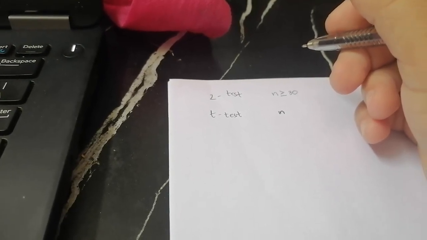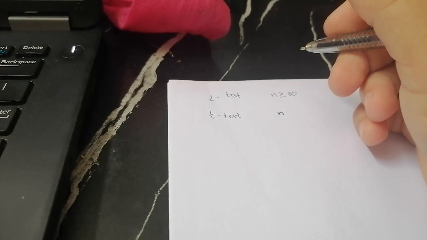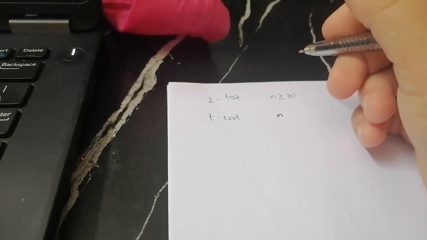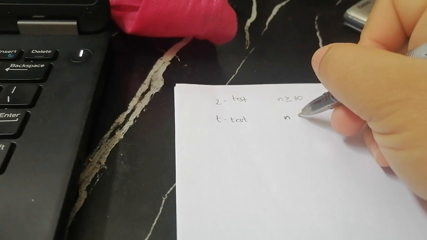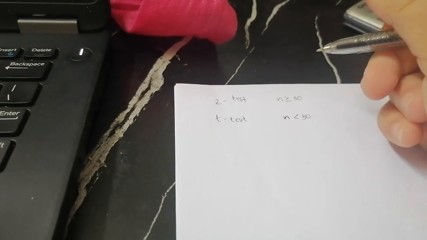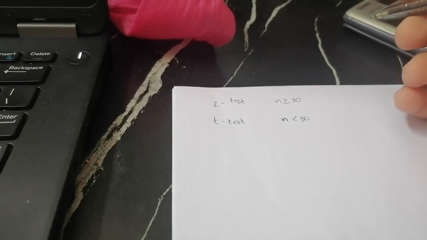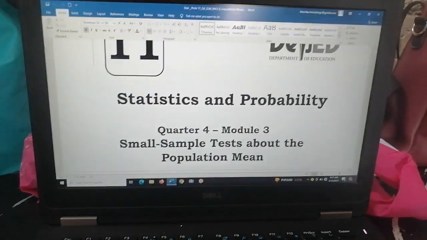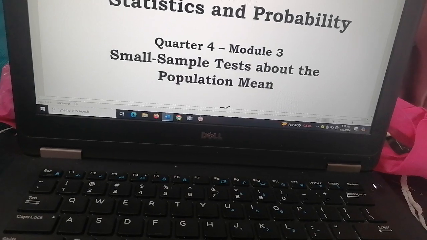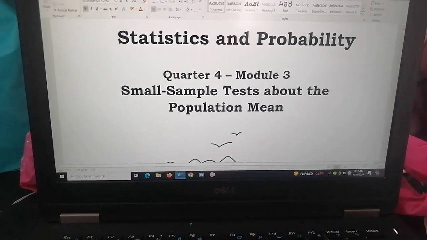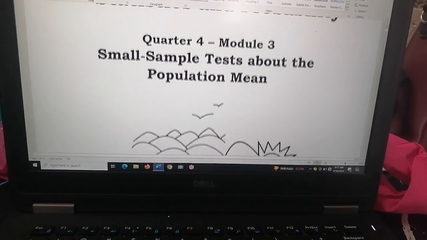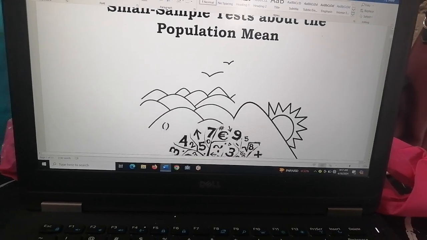So what are the values when our sample size is small? It is less than 30. I already told you about this one. So N is less than 30. So let's go back. This is our title, Module 3, Small Sample Test About the Population Mean.